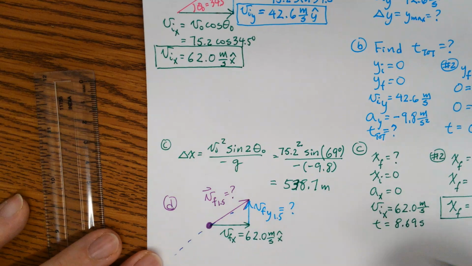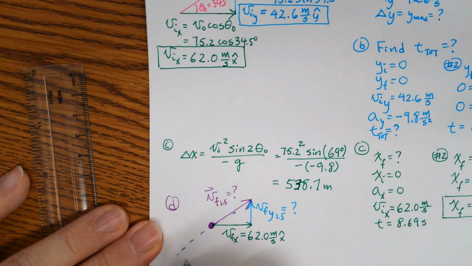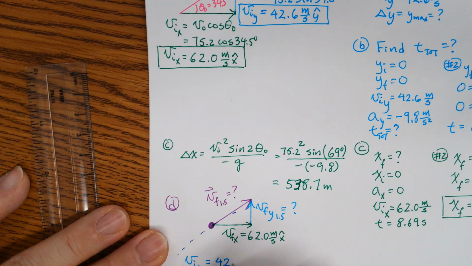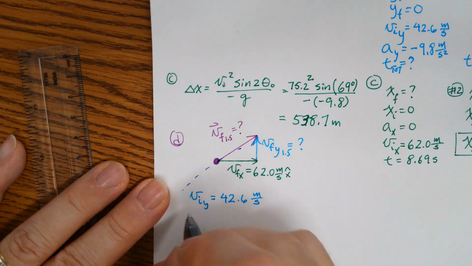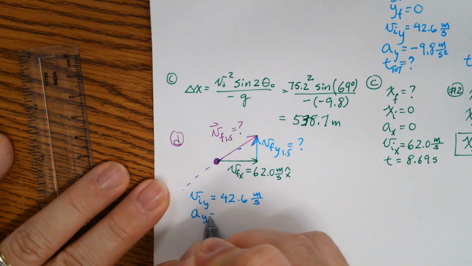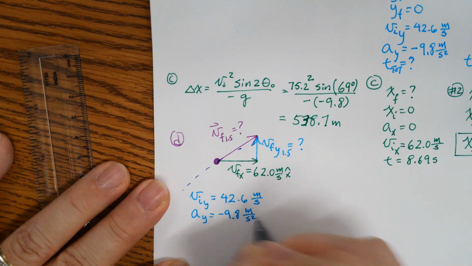So let's write down everything we know in the y direction. We know initial velocity in y happens to be 42.6 meters per second. We also know that acceleration in the y direction is negative 9.8 meters per second squared.